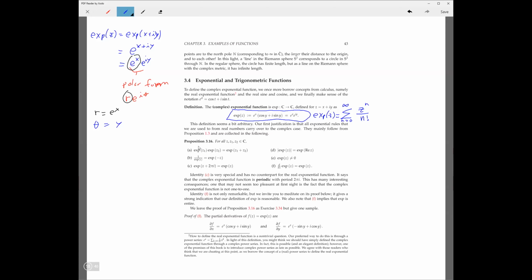For anybody? Okay, so periodic means that f of z plus T is equal to f of z for all z.